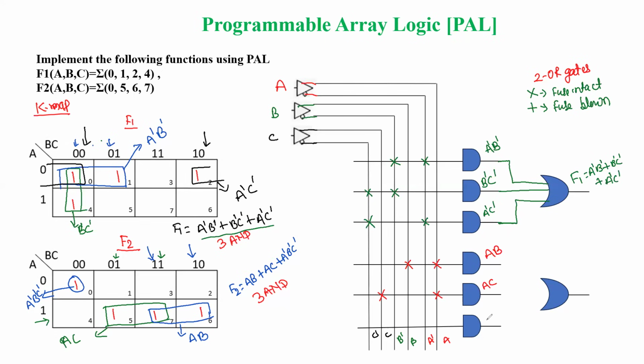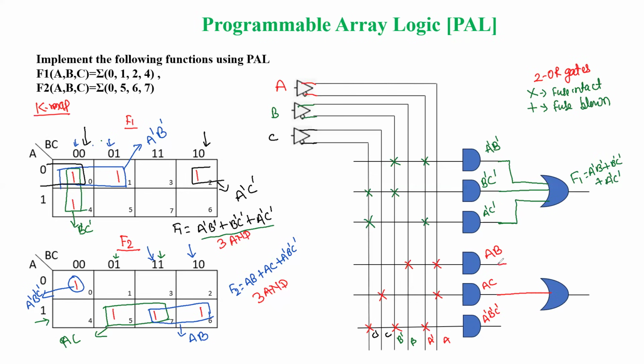And the third one we have is A dash, B dash, C dash. So here we have the fuse intact at A dash, at B dash, and again at C dash. Finally, all these product terms we are going to give as input to the OR gate.